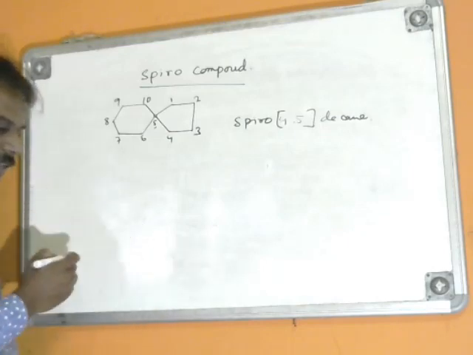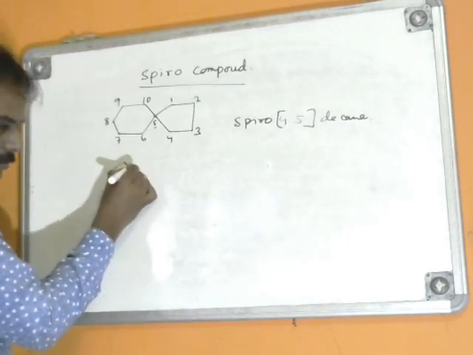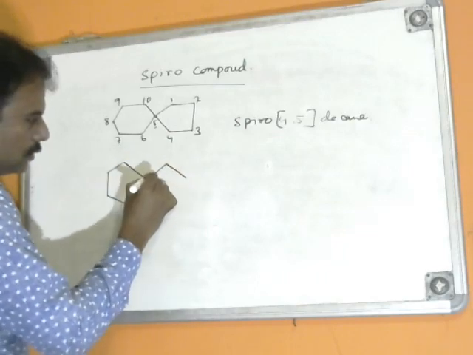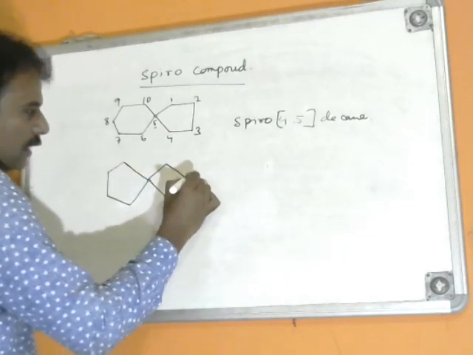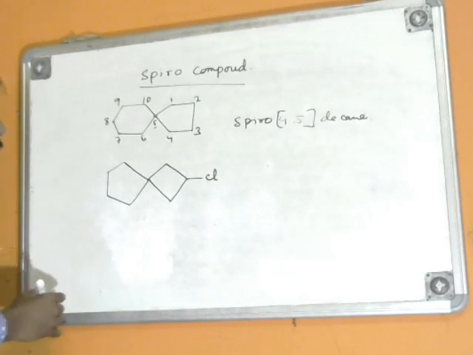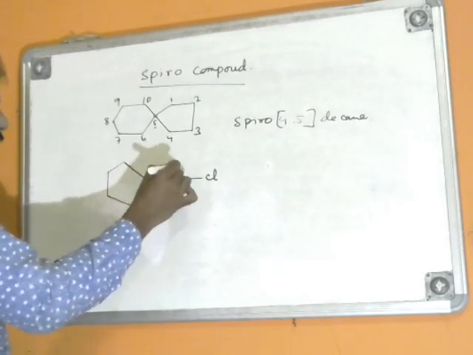Now I am taking another example to make it more clear. I am taking a substitution here. Okay. So now this is a spiro compound, this is the junction carbon, and this is the smallest ring.